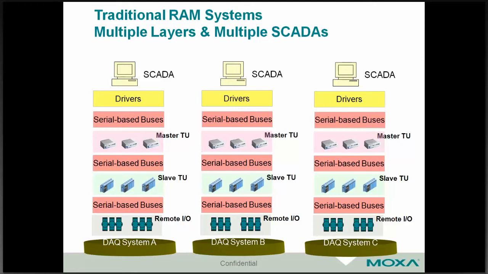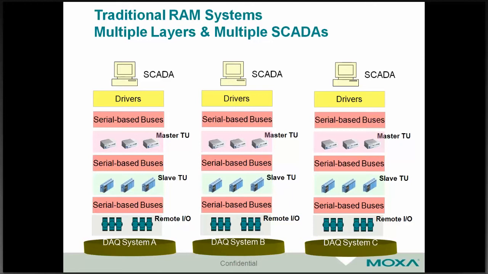So when we started the M2M systems in the past, most of the systems were built up like this. M2M, again, is not a new concept. In the past, people were using long-haul radios, or serial buses, using different kinds of wireless communication technology, but primarily serial-based communication protocols.